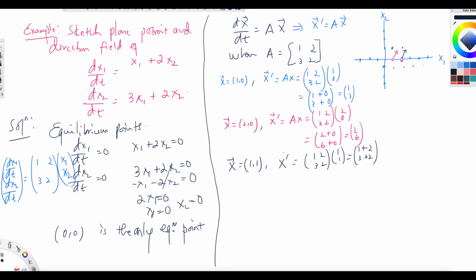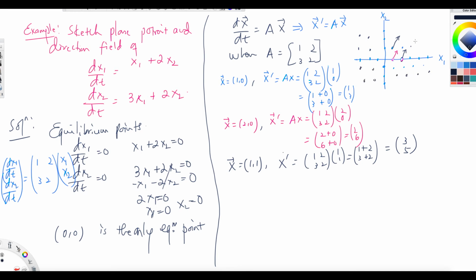So you'll get (3, 5). So from (1, 1) you will go 3 units to the right, and then 5 units up. So it will be like 1 2 3, and then 1 2 3 4 5. So it will go like this. You see that? Similarly, you fill all those in, one by one.